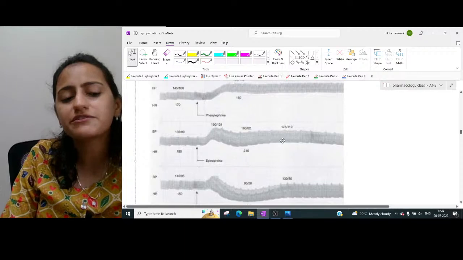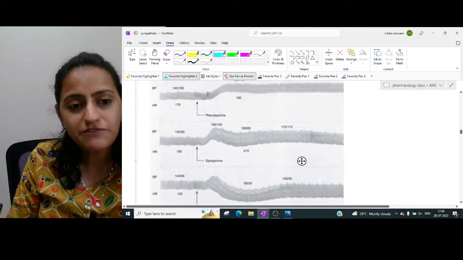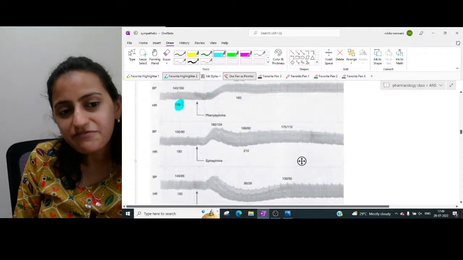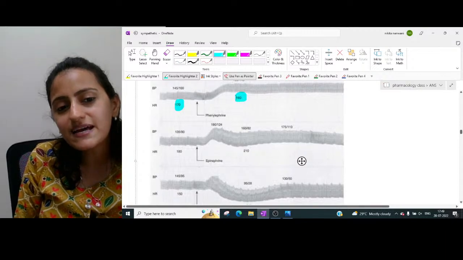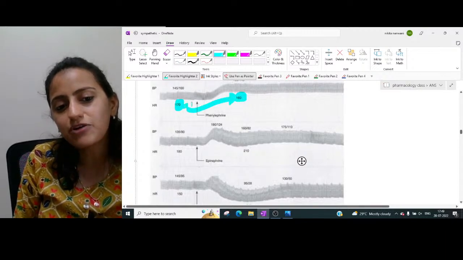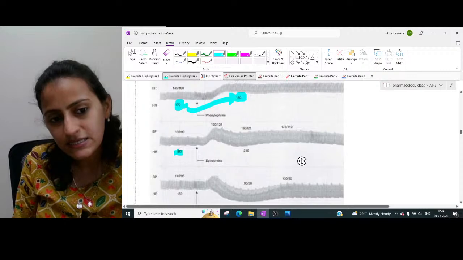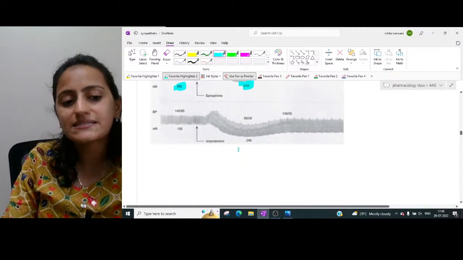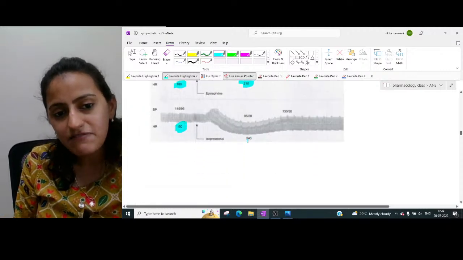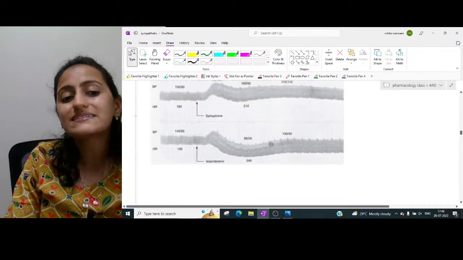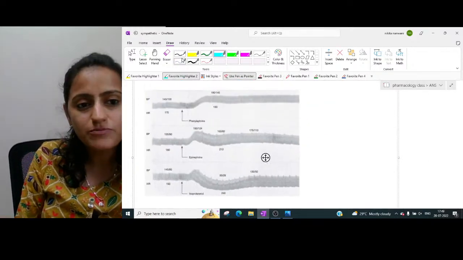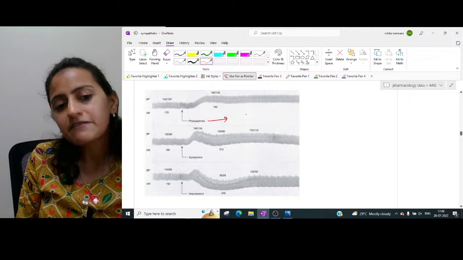Let me just tell you the differentiating points. With phenylephrine, you can see that the heart rate is decreasing from 170 to 160. With epinephrine, it is increasing, and even with isoproterenol, it is increasing. Why is it so? Because what is phenylephrine?